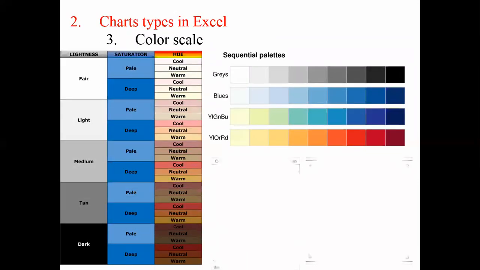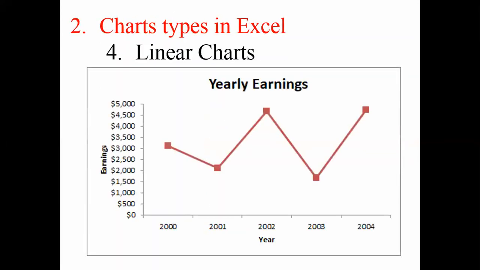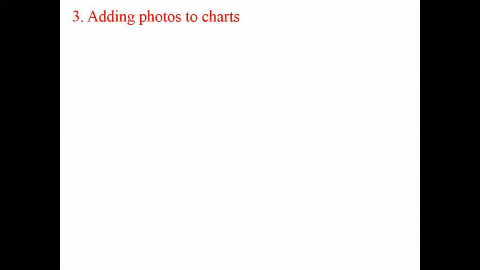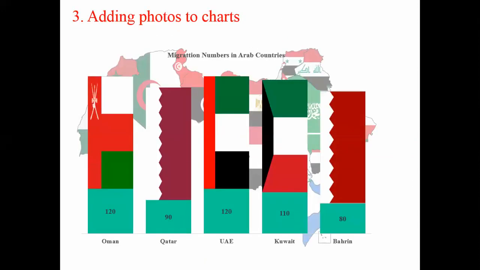طيب after we make our charts of any kind, we will learn together how to add photos to the chart itself. This is a column chart or bar chart, but here we add in the background the photo of Arab countries, and also for each country we add الflag for each country as we see here.